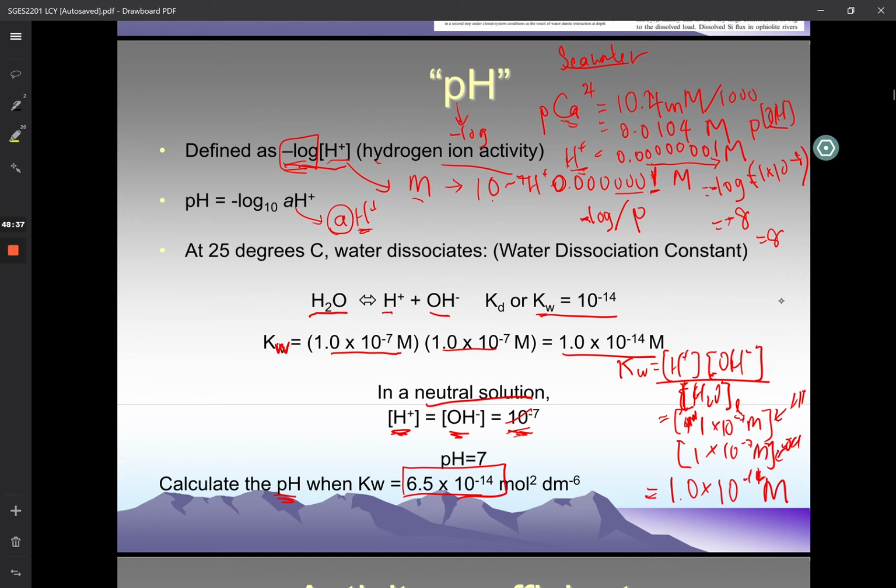You have both H and OH, the concentration of hydrogen and the concentration of hydroxide.